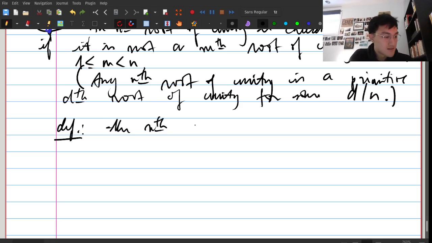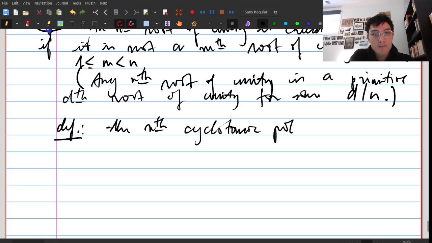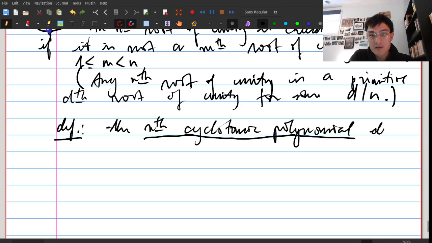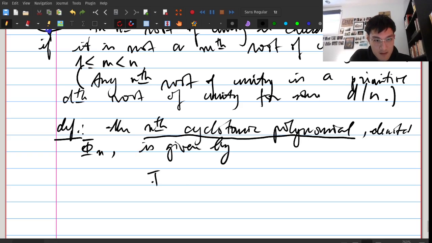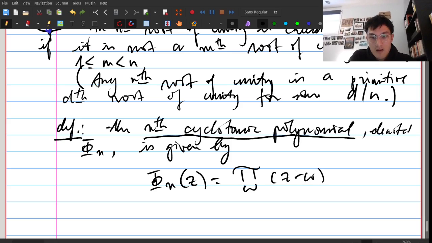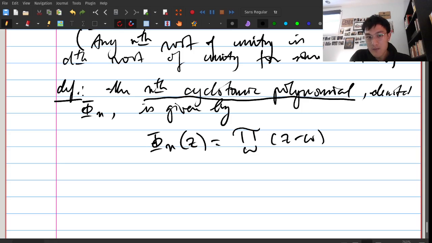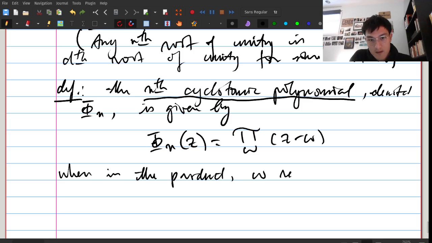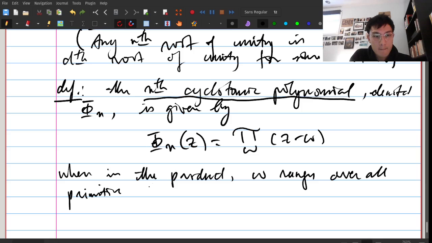The nth cyclotomic polynomial, denoted, we're going to use capital Phi_n, that's customary, is given by Phi_n(z) equal to the product over omega of z minus omega, where in the product, omega ranges over all primitive nth roots of unity. Okay.